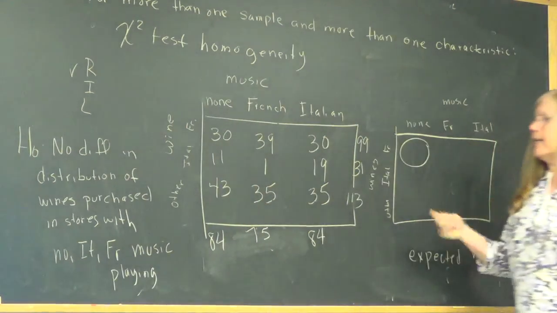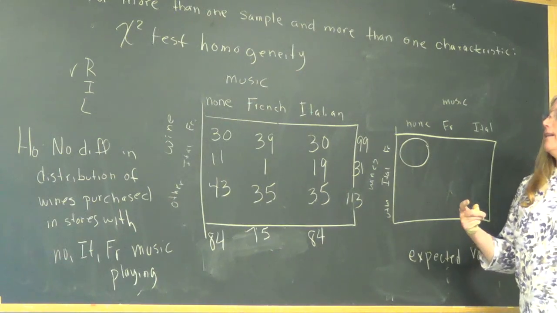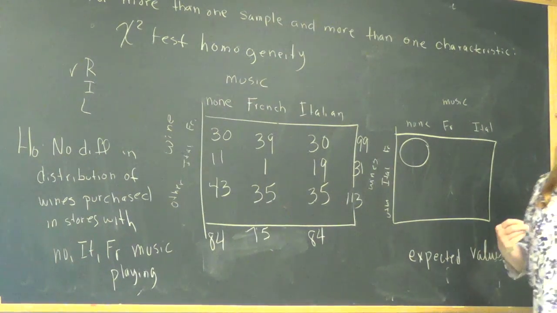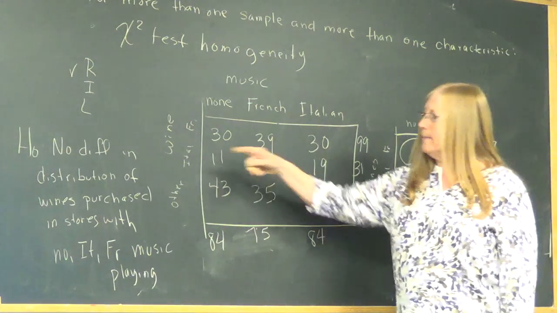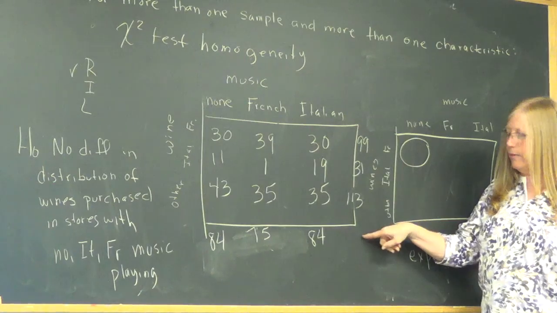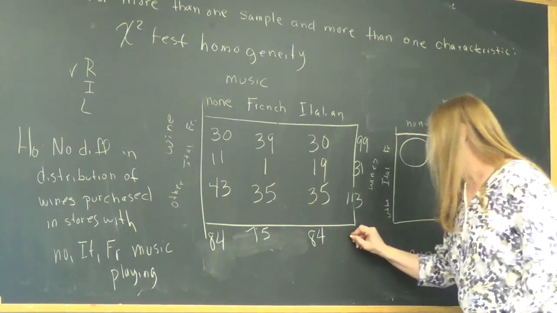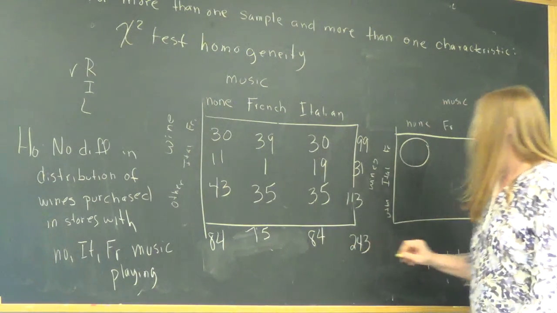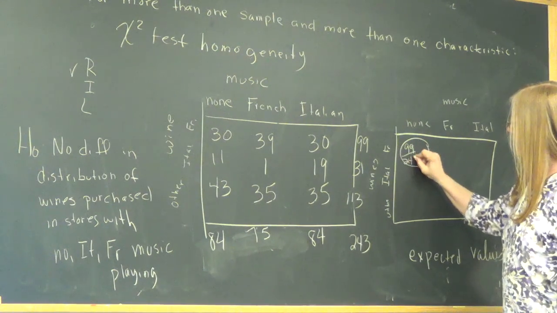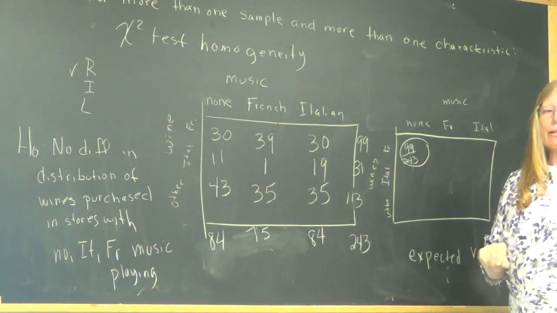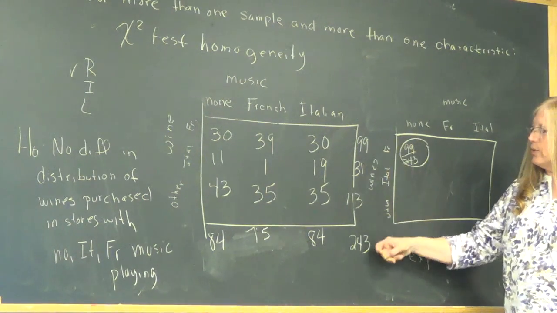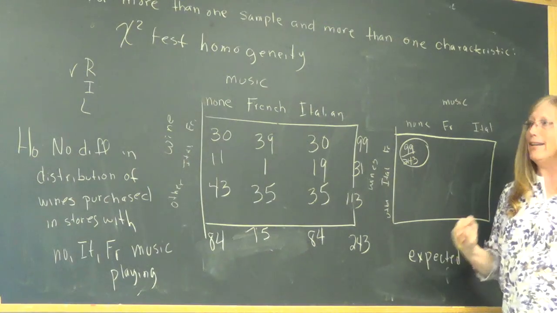Notice, if music doesn't matter at all, then how many bottles total of French wine were sold? 99 out of 243. That is a percentage or a fraction.